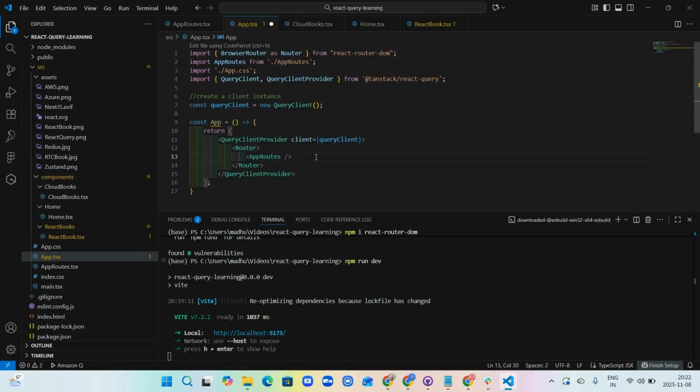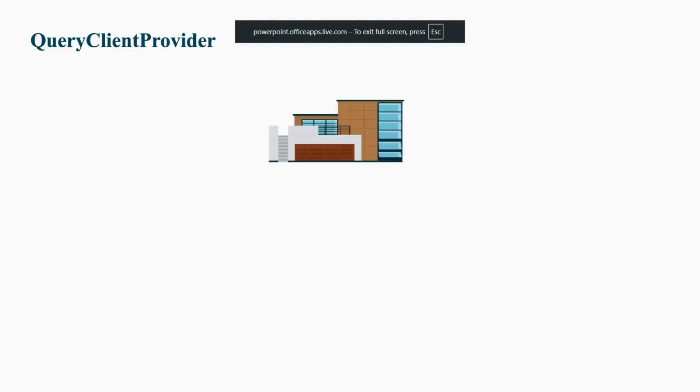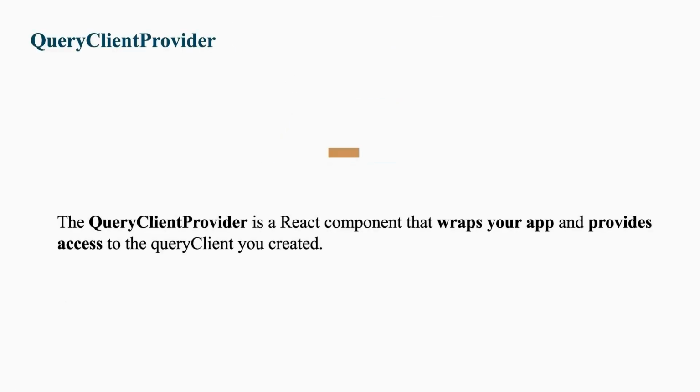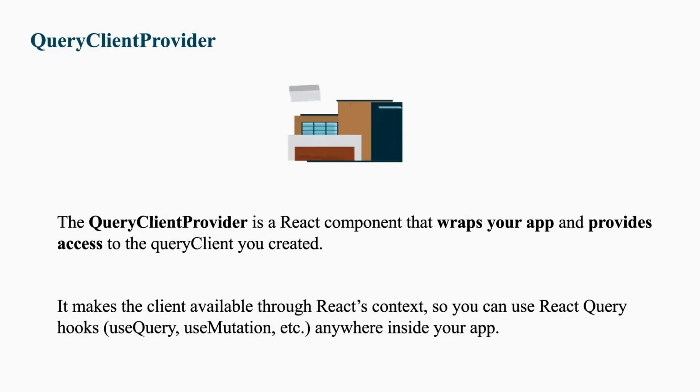So QueryClientProvider generally allows you to access this query client you have created in your whole application. All right, let's check out QueryClientProvider. The QueryClientProvider is a React component that wraps your whole app and provides access to the query client you created.